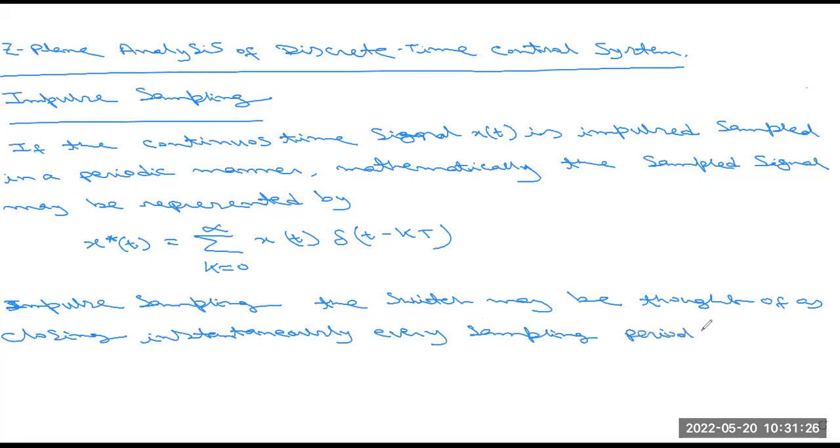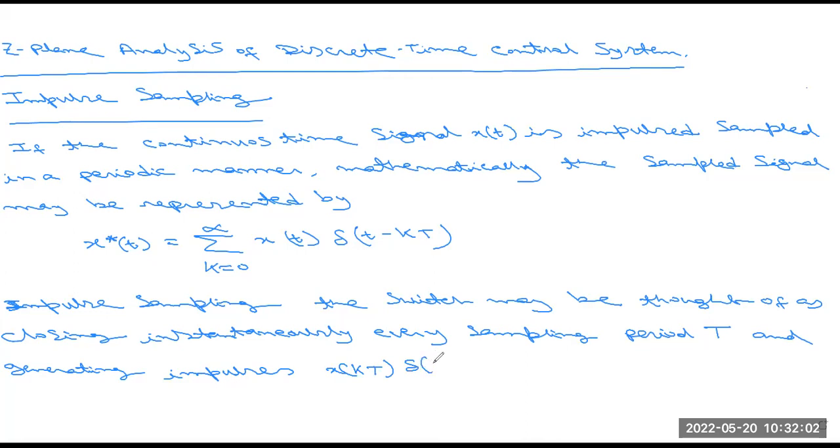You know that every sampling period means T, the gap between samples: T, 2T, 3T, and so on, generating different impulses for the different sampling periods, x(kT). Here k is the index of the different impulse functions, k equal to 0, 1, 2, and so on.